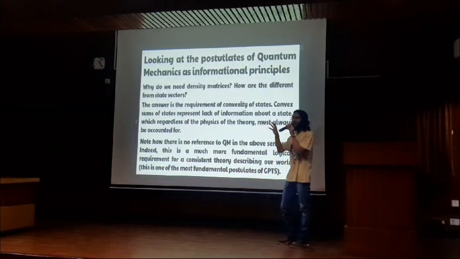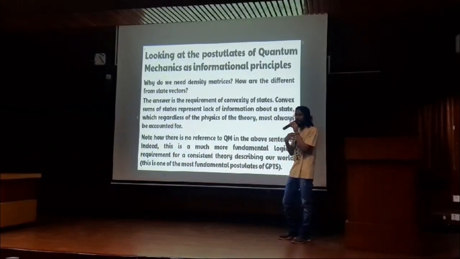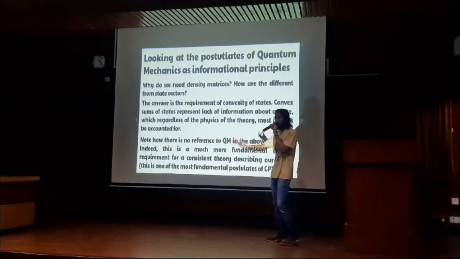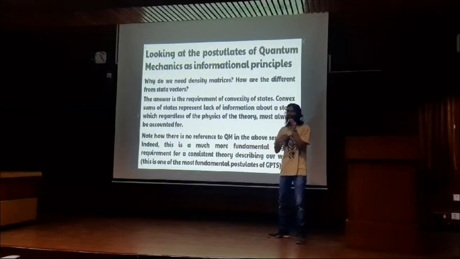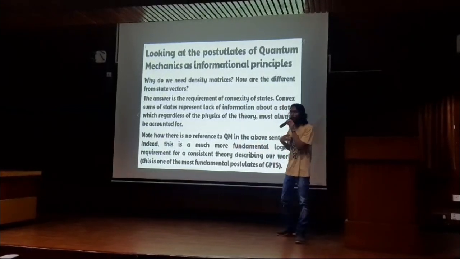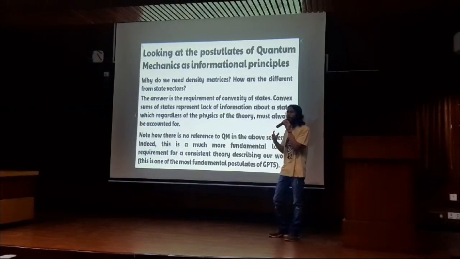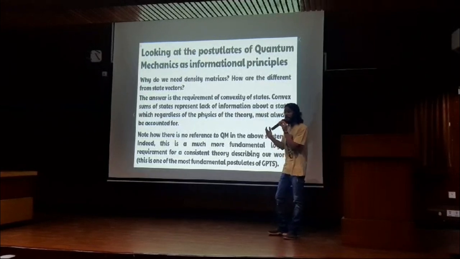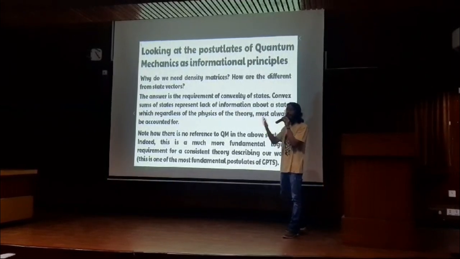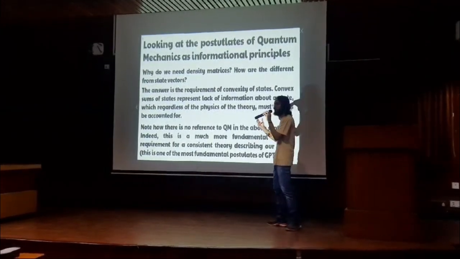And in real life, there will always be a scenario where potentially you don't know about all of the information about a given system. Like if I handed you a system from this experiment that I've just described to you, you wouldn't really know if it's a 0 or 1. You would know that it's a 0 with a 50% probability or a 1 with a 50% probability, right? So it's in either one of those states. It's in a mixture of those states. It's in a probabilistic mixture of those states.